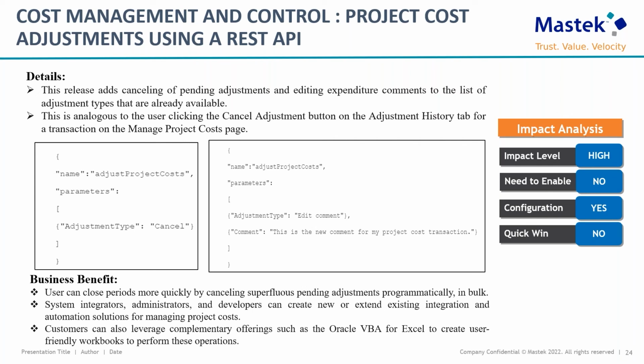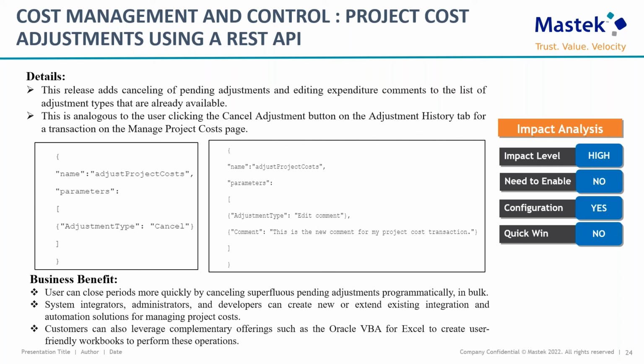To cancel those transactions, the user needs to open that transaction, go to the adjustment tab and cancel that transaction. This becomes more complex and time consuming. Also, it is a tedious task to edit expenditure comments while doing similar types of adjustments.